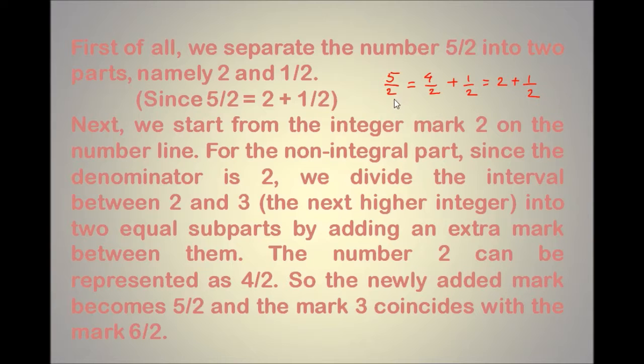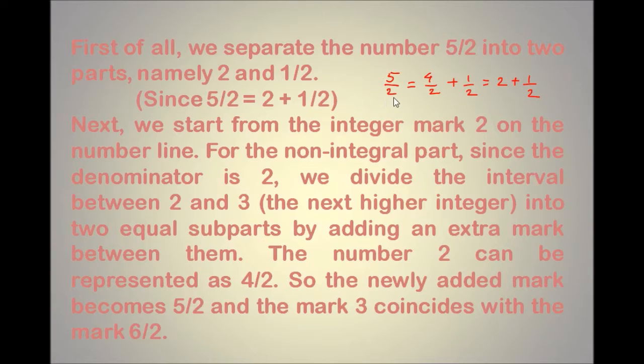For positive rational numbers, we will be taking the next higher integer. The left integer will be given by the integral part, and we will be taking the next higher integer to get the other number for the interval. Now we have got the interval. This 5 by 2 will be lying between 2 and 3.